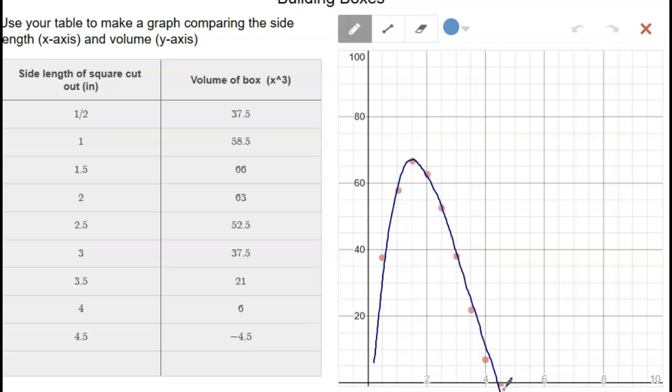So on our x-axis, that's the side length of the square. So that's how big the square side is. The y value represents our volume.